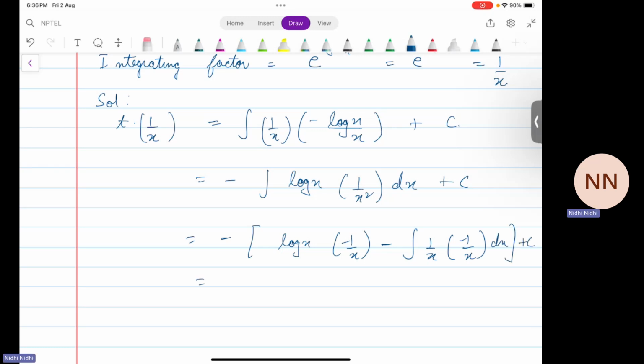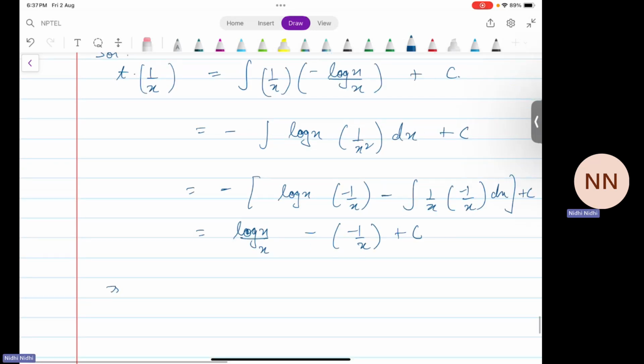So this gives us log x plus 1/x, plus c. Multiplying both sides by x, t is equal to log x plus 1 plus cx.